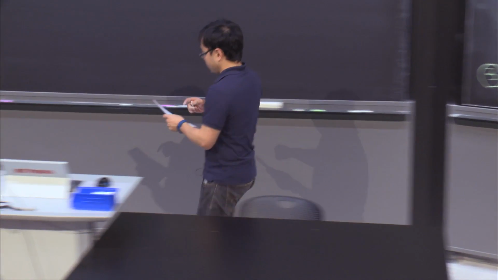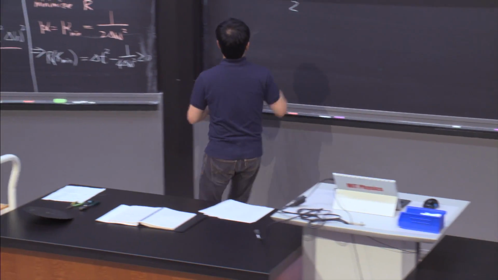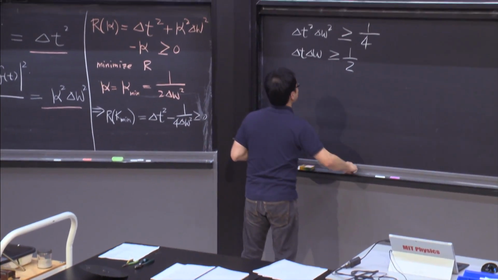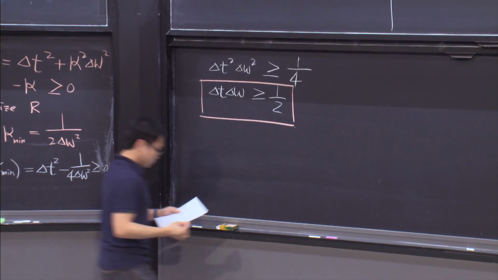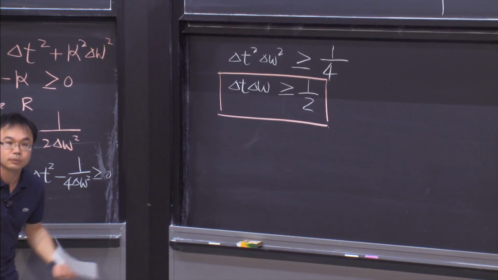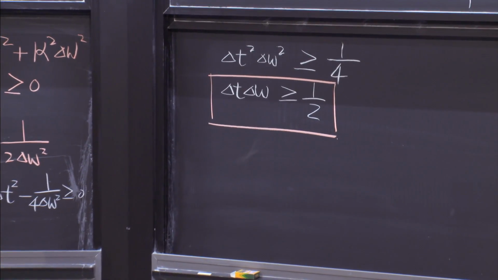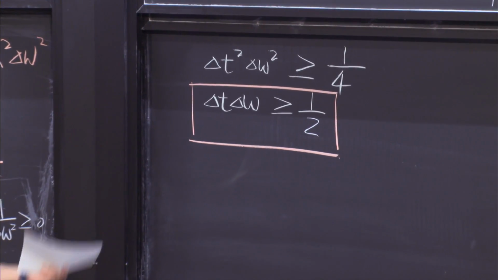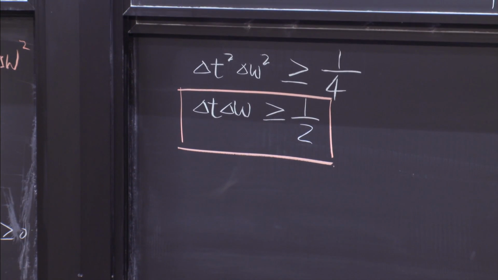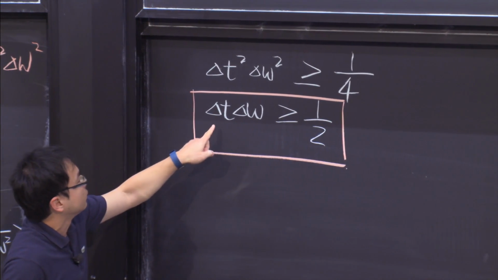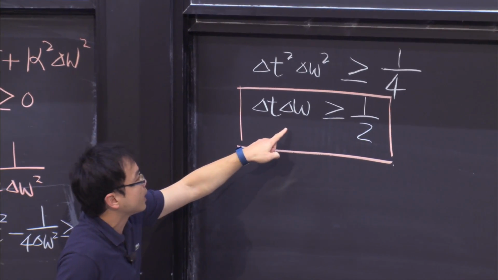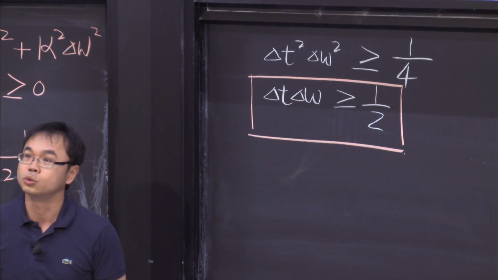So what do I mean by this equation which we finally derived? After all that hard work, we have to enjoy what we have learned from all that craziness, right? So what do we learn? Look at this function. Delta t times delta omega greater or equal to 1 over 2.